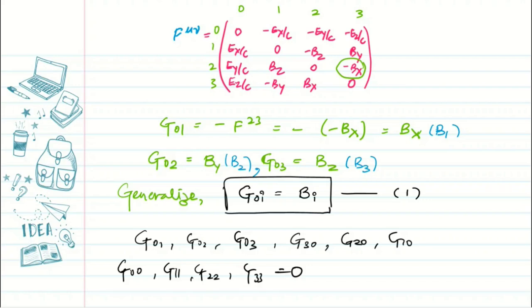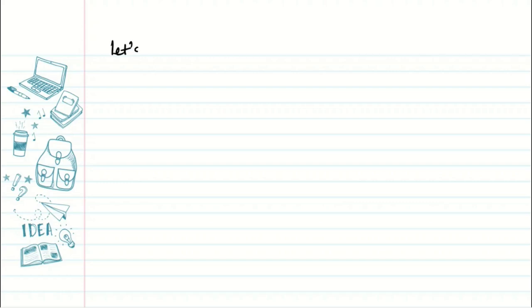So we found out 4 and 6, that is 10 elements, and we know it's a 4 cross 4 matrix. So we are left with 6 more, and so we have to find 3 more and then use the antisymmetric property there also. So let's find the other elements, the space-like elements now.